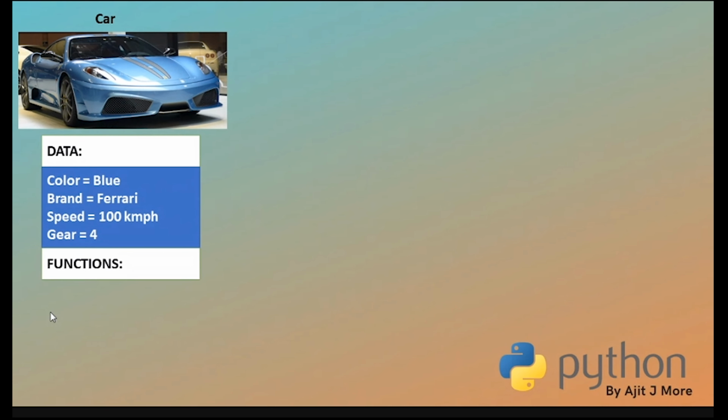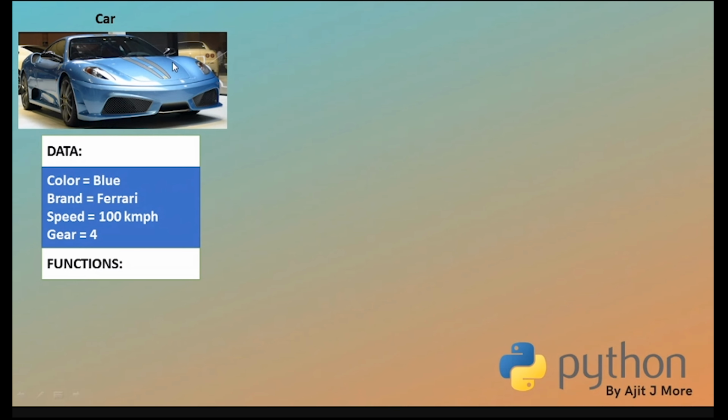So what behaviors does a car have? Behavior is like you accelerate a car: you keep your foot on the accelerator, and then the car speeds up. So acceleration is one behavior.